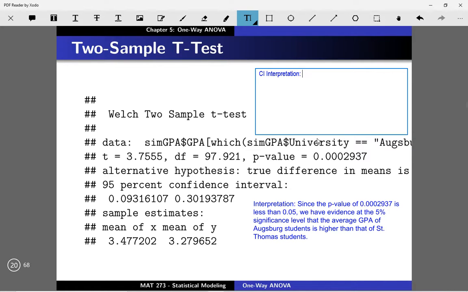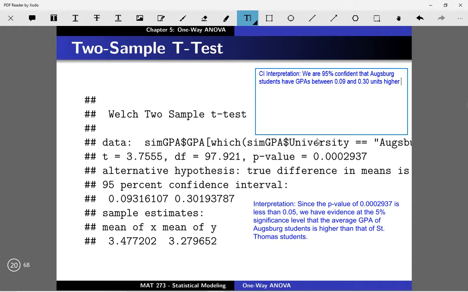So we say here we are 95% confident that Augsburg students have GPAs between 0.09 and 0.30 units.